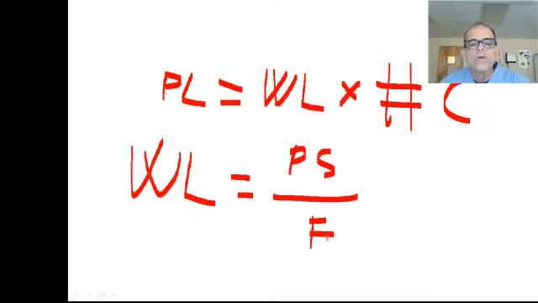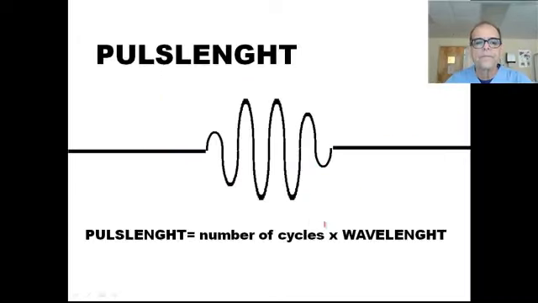In other words, you can calculate axial resolution by calculating first pulse length and wavelength. Pulse length equals number of cycles, in general 2, multiplied by wavelength, which is propagation speed divided by frequency.